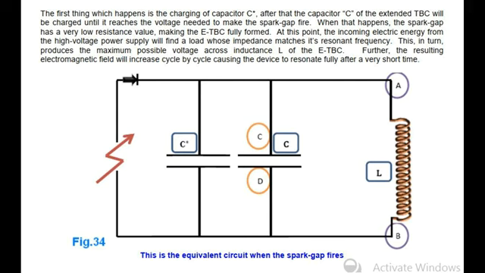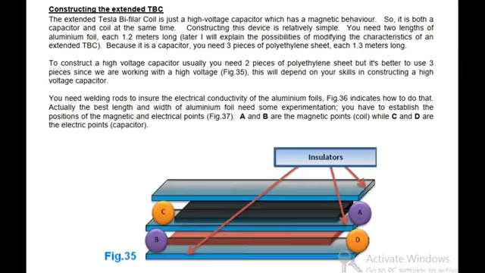At this point, the incoming electric energy from the high voltage power supply will find a load whose impedance matches its resonant frequency. This, in turn, produces the maximum possible voltage across inductance L of the ETBC. Further, the resulting electromagnetic field will increase cycle by cycle, causing the device to resonate fully after a very short time. This is the equivalent circuit when the spark gap fires.